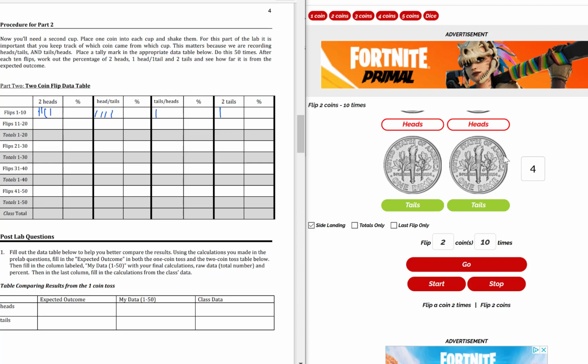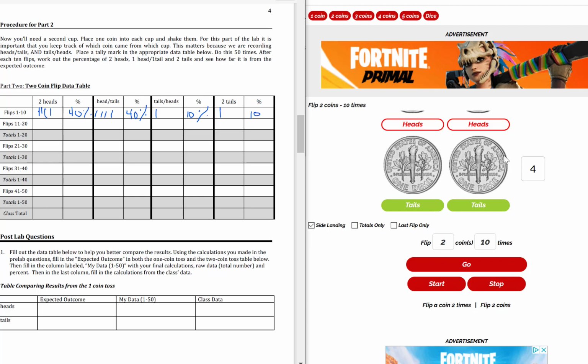So according to this, the percentage, remember we still have 10 flips out of the total thing. So it's still going to be the same format, but we just have to think about it in terms of 2 coins. So 4, that would be 40%. For 4 again, 40%. Then it'll be 10% for 1 because it's 1 out of 10.